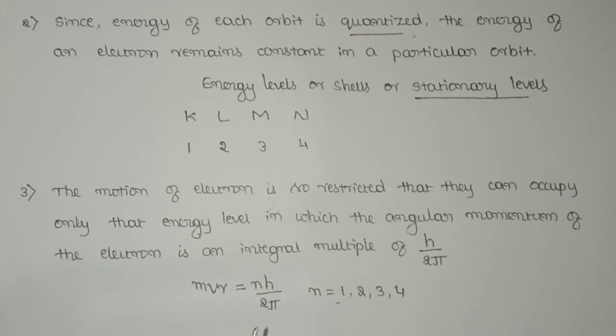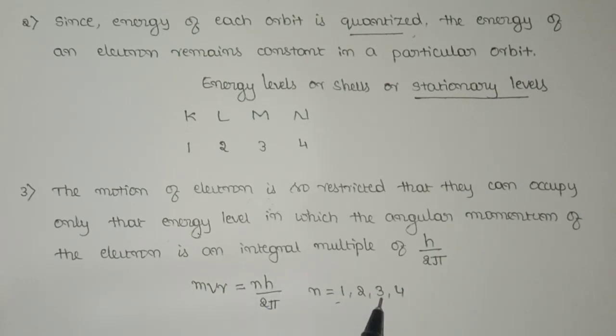When the value of n is an integer, the angular momentum of the electron should be an integral multiple of h by 2 pi. So if n is equal to 1, we get mvr equals h by 2 pi. If n is equal to 2, we get mvr equals 2h by 2 pi, or simply h by pi.